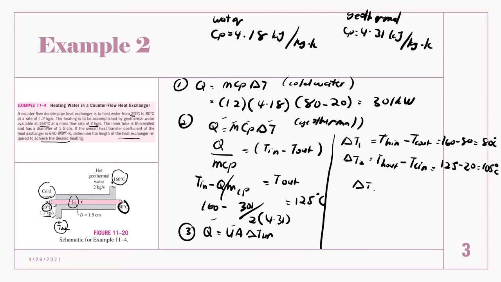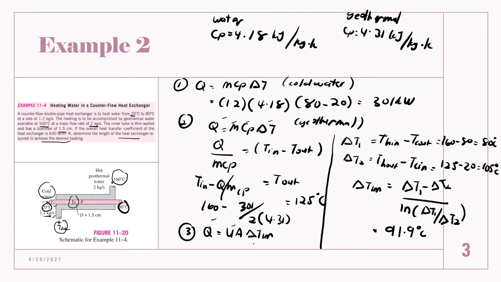So delta T LM is equal to delta T1 minus delta T2 over ln delta T1 over delta T2. So substitute the values, you will get delta T LM 91.9 degrees Celsius.